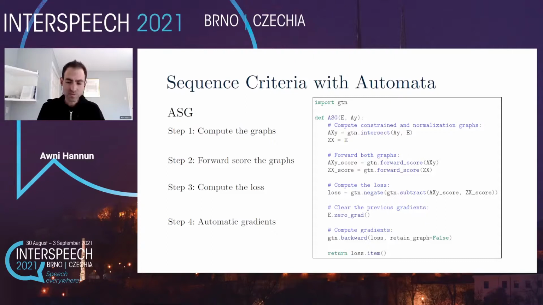Well, let me say first that the normalization term is not the only way to do this. But if you don't have a normalization term, if you just try to maximize the score of the target, you can have what's called mode collapse, where the model can just output a high score for anything.